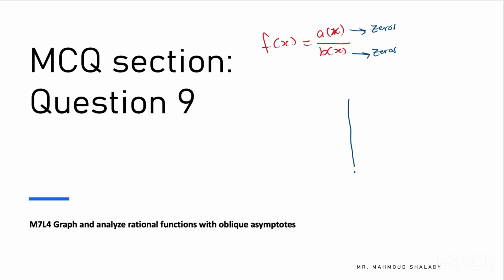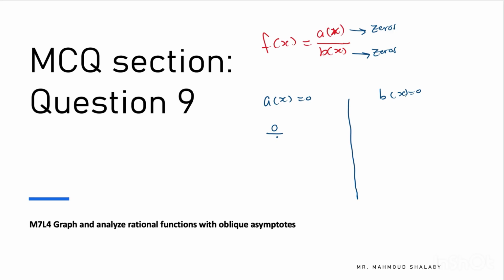Let's split this here. What will happen if a of x equals 0, when we put the numerator equal to 0, and what will happen if we put the denominator equal to 0? There will be a difference here. First of all, when a of x is 0, it means the numerator equals 0. Let me just remind you very quickly.